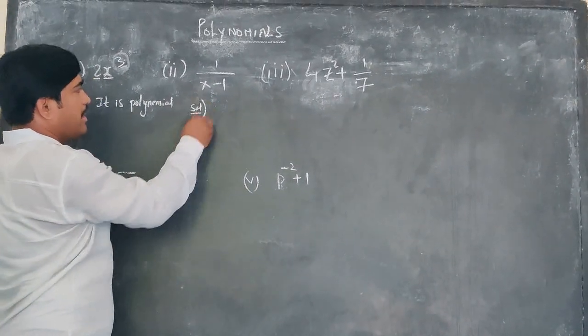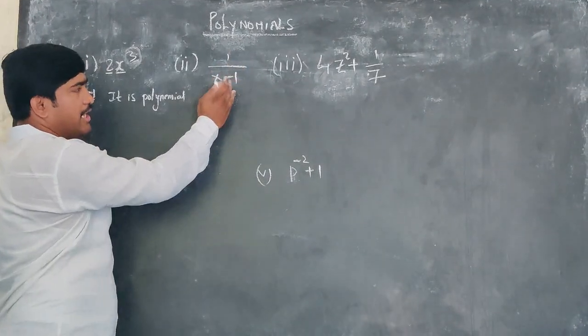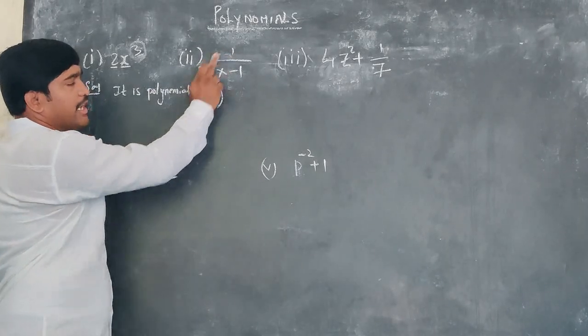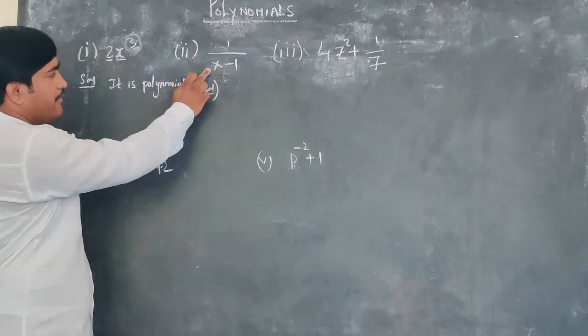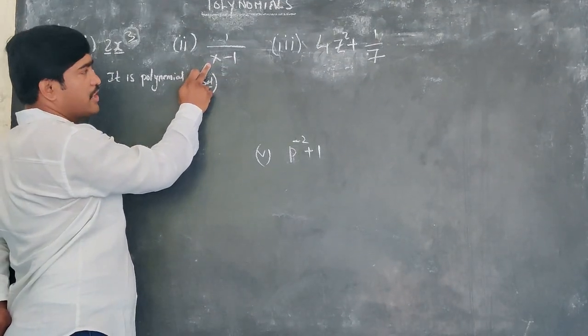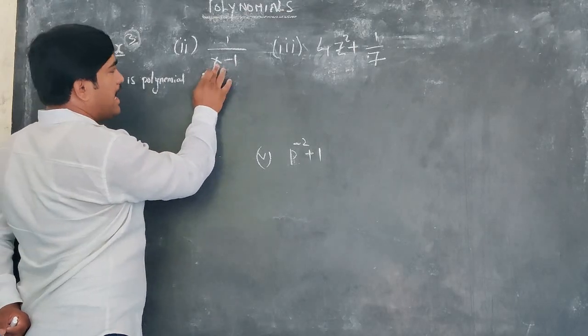Now similarly, if we go for the second one, here it is 1 by x minus 1. This is given in the form of a numerator and denominator. In the numerator there is no variable at all. In the denominator it is given as two terms, x as the first term and minus 1 as the second term. Now I can modify this.